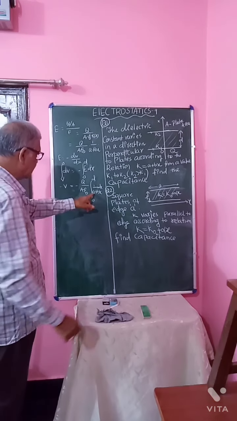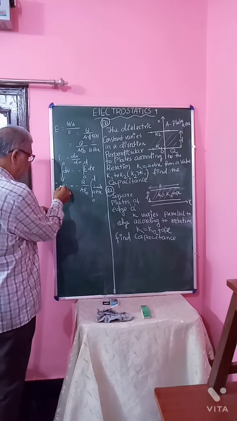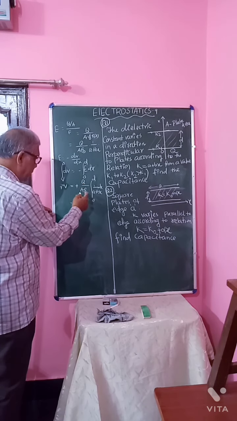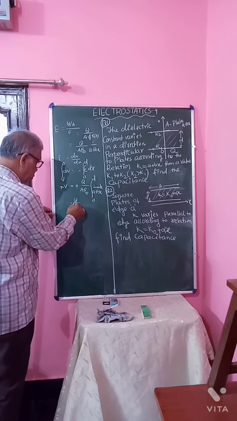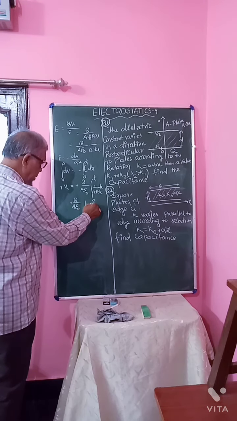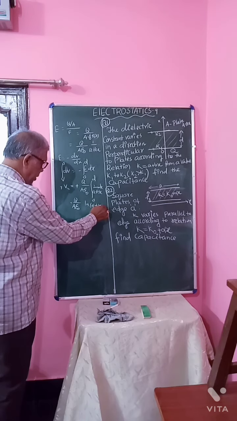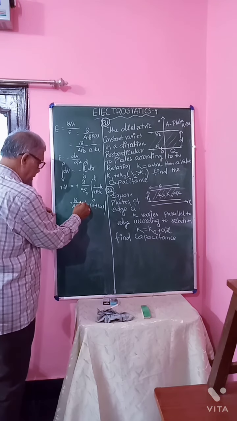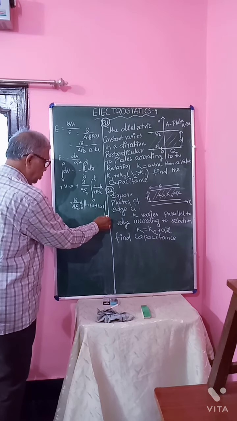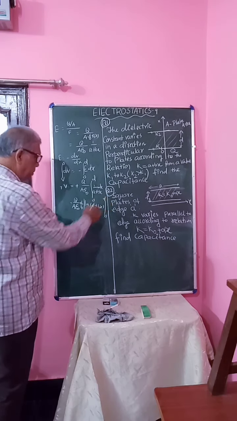Now minus minus cancels, so V equal to Q by A epsilon 0 times ln of A plus Bx divided by B, where the lower limit is x equal to 0 and the upper limit is d.